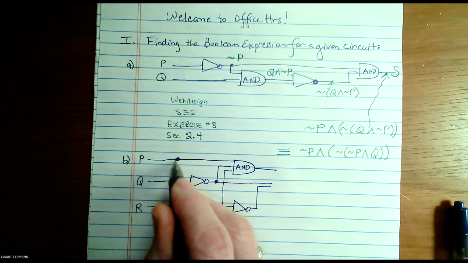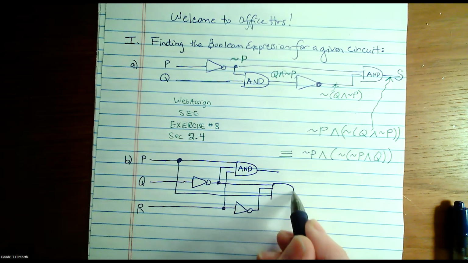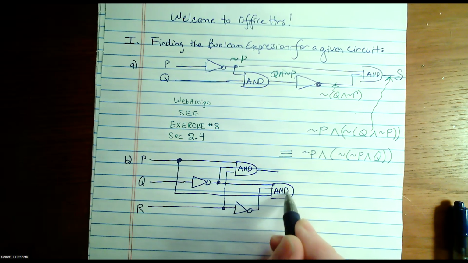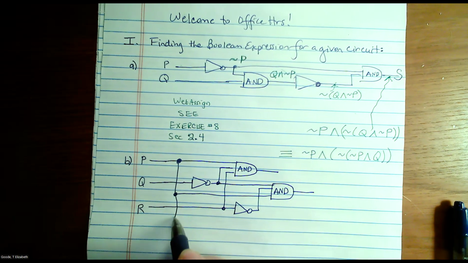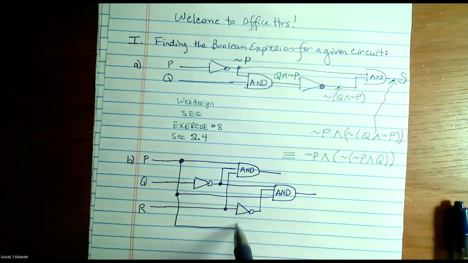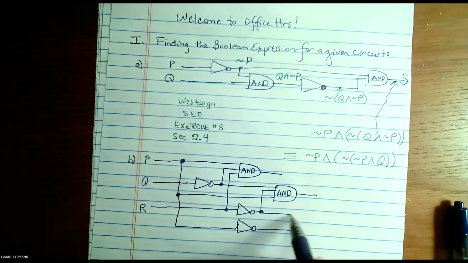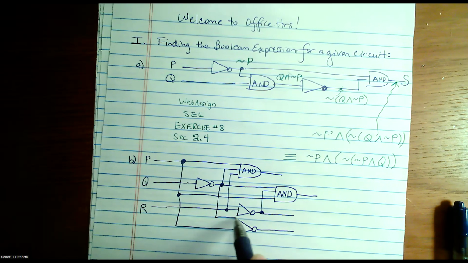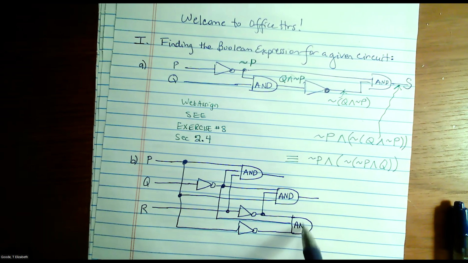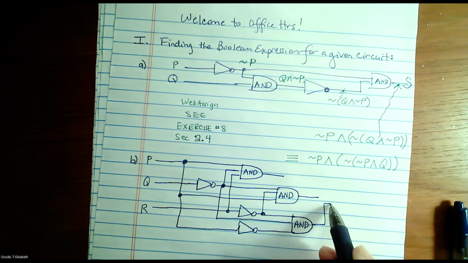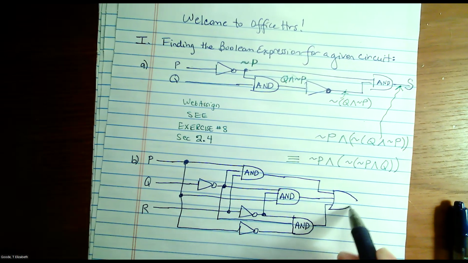And we're going to take P, bring it down here, and run that through an AND gate. And finally, we're going to take this P wire and run it through a NOT gate. We take from the NOT R, and we're going to take from the NOT Q and run these through an AND gate. And then we're going to take all of these outputs from these AND gates, and we're going to OR them together.